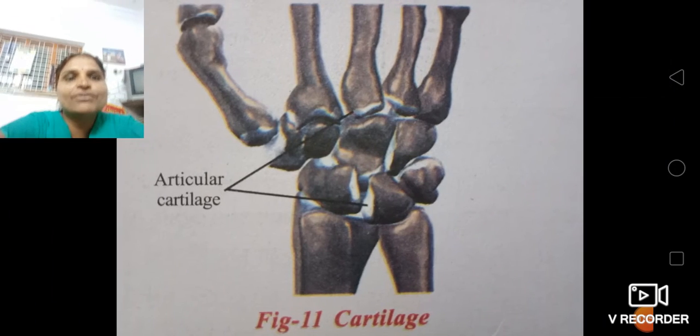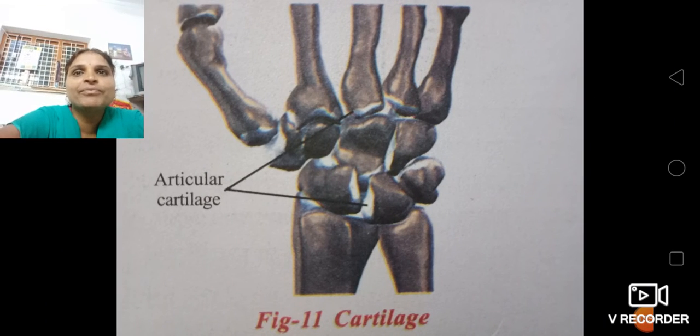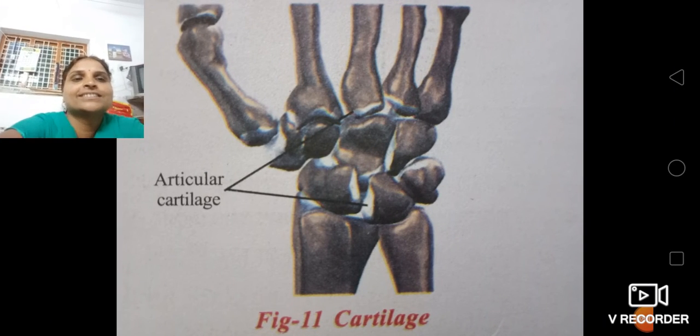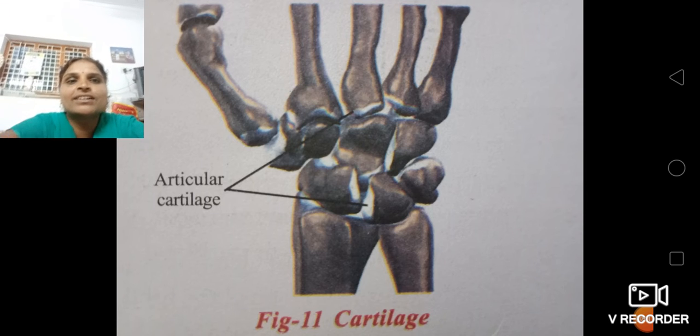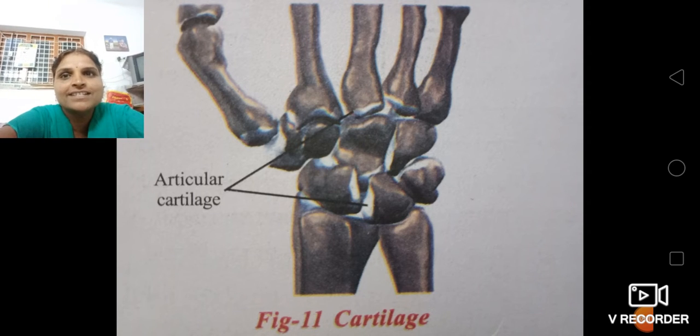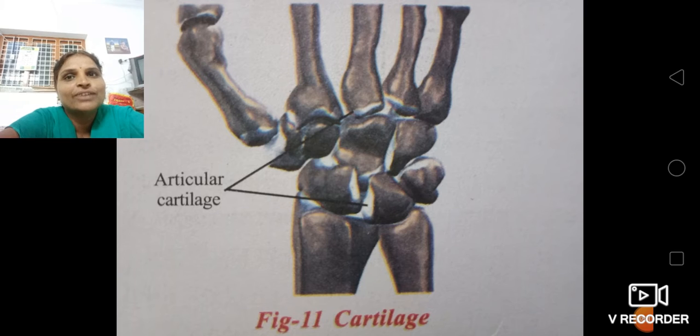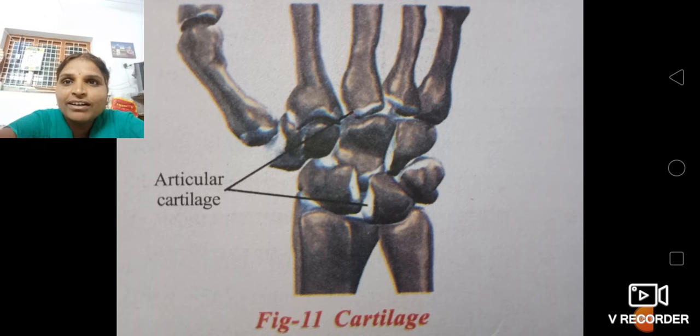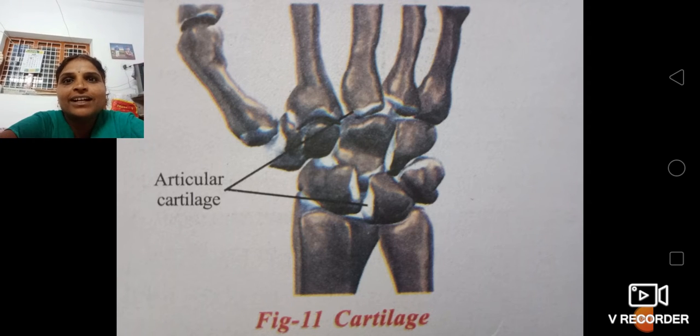Next is the fourth one. What is the fourth one? Cartilage. See in this picture, cartilage. Cartilage is also one type of connective tissue found in the joints of bones. It is present in the tip of ribs, tip of nose, external ears and in the trachea also.